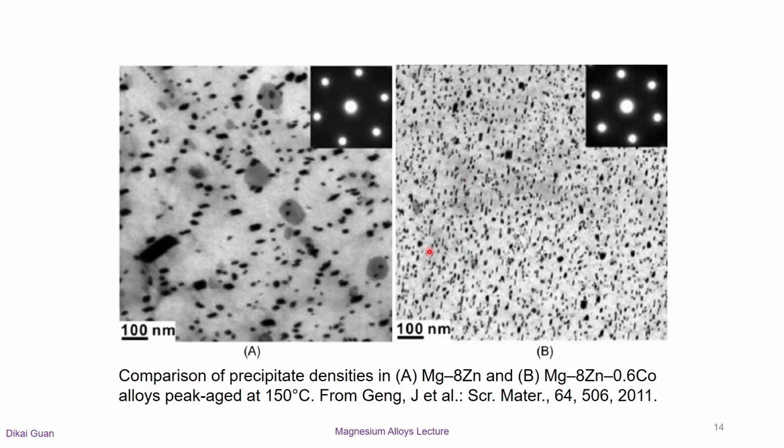Thus, minor additions can modify precipitation in magnesium-zinc alloys. Other elements like calcium and strontium can accelerate the rate of aging but delay overaging, refine the sizes, and increase the number density of precipitates.